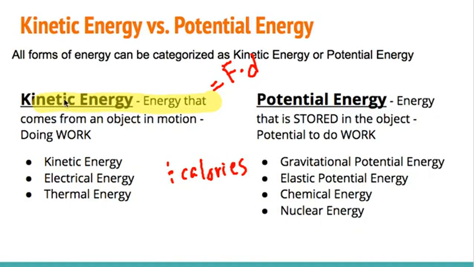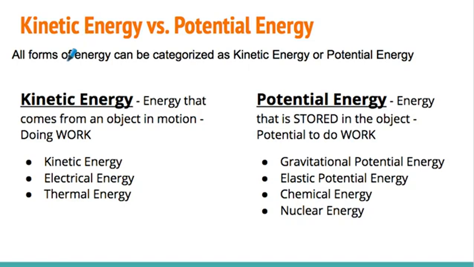So that's the unit of measurement we'll be using throughout. Now, what's the difference between kinetic and potential energy? I'll go over some key points. The biggest thing about kinetic energy is that the object is in motion. Potential energy is energy stored in the object, which usually means the object is not moving.